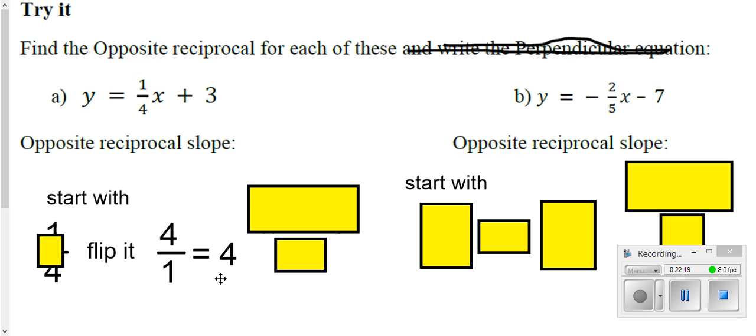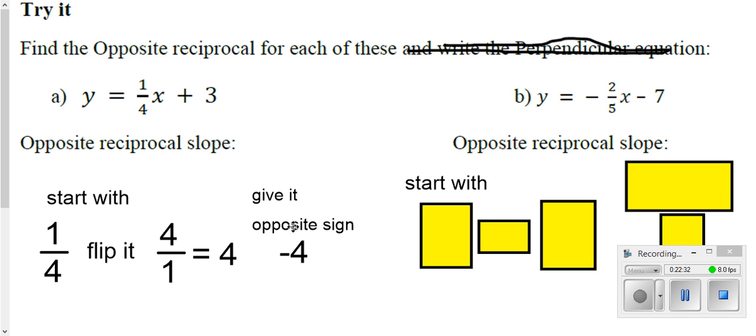And the second opposite is to take the opposite sign. This is positive, so our opposite reciprocal will be negative. So we started off with 1/4, we flipped it, we simplified, and 4/1 is just 4. Then we took the opposite sign, -4. So 1/4 and -4 are opposite reciprocals.